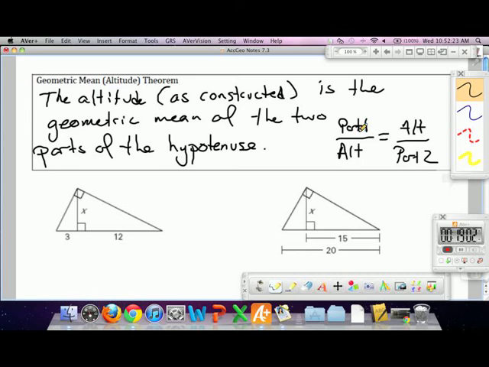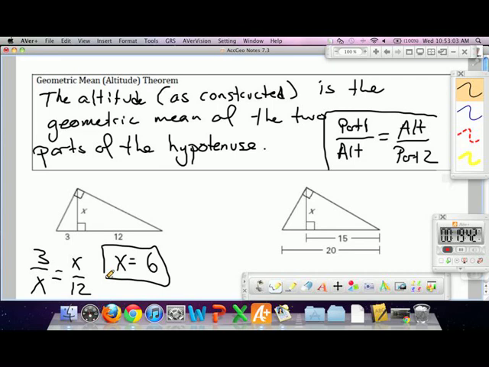Note that we could solve this right triangle without all the redrawing by observing that x is the altitude, 3 and 12 are parts of the hypotenuse that the altitude divides, and therefore x must be the geometric mean of these two, or 3 to x is x to 12. Part to altitude is altitude to part. Solving by cross multiplying and taking the square root, we end up with x is 6.